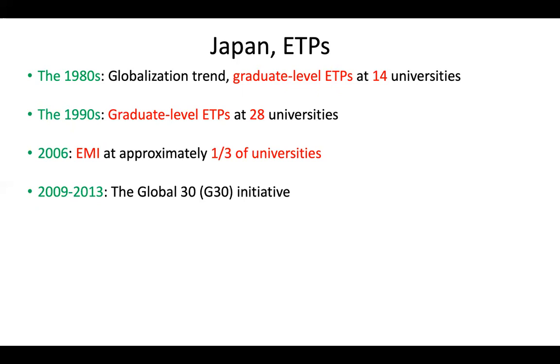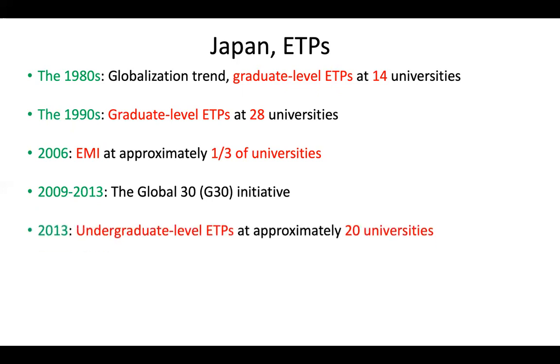From 2009 to 2013, the G30 or Global 30 initiative was implemented, and due to this, the number of EMI and ETPs also started to rise. By 2013, undergraduate level ETPs were implemented at approximately 20 universities.